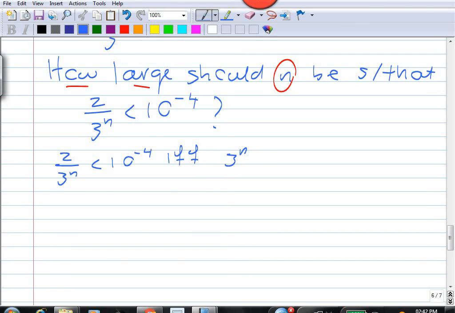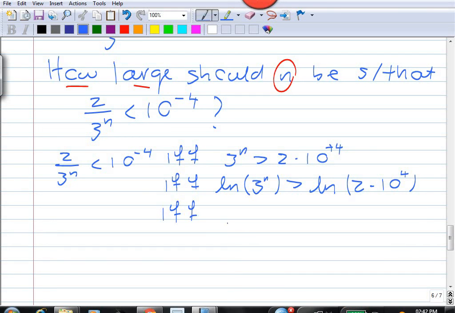3 over 2 to the n is bigger than 2 times 10 to the plus 4. And this is true if and only if n is bigger than ln of 2 times 10 to the 4, over ln of 3 over 2. If and only if, when we apply our log laws, n ln 3 is bigger than ln of 2 times 10 to the 4.